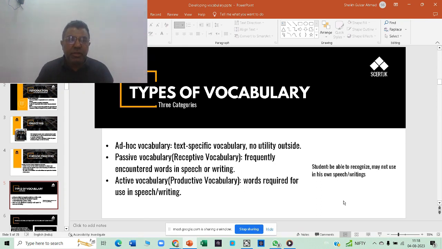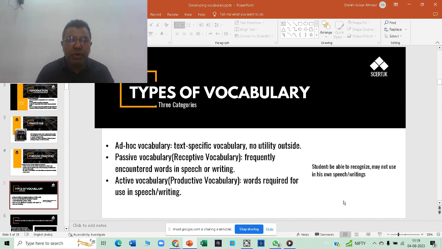So these are the three types of vocabulary. This slide must tell us where we need to focus our attention. Shall we focus our attention on ad hoc vocabulary, passive vocabulary or active vocabulary? Let us remember one thing: slowly and gradually words move from passive vocabulary, when we start using them in our speech, and they become a part of our active vocabulary.